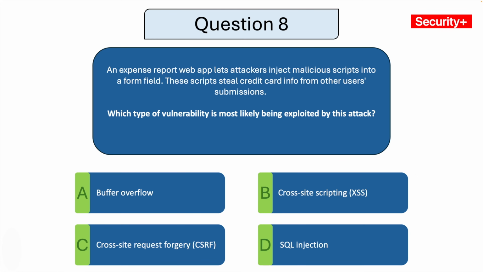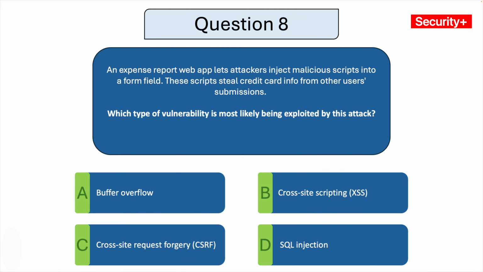Then you have SQL injection. You can argue that you can type information into a form to steal credentials based on that database that's leaked using SQL injection, but that doesn't usually use scripts to do that. So that's why I'm not going with that one.